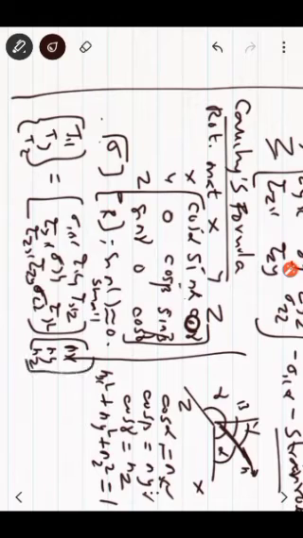So from this you can write txn, means you have to multiply this one with this one. If you want tyn, you have to multiply this one, this one. So what is tz?